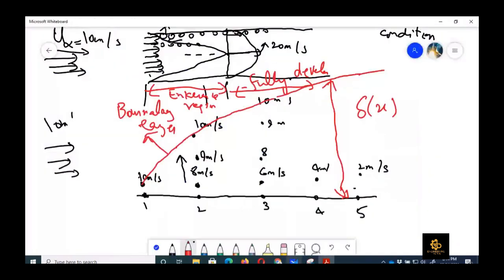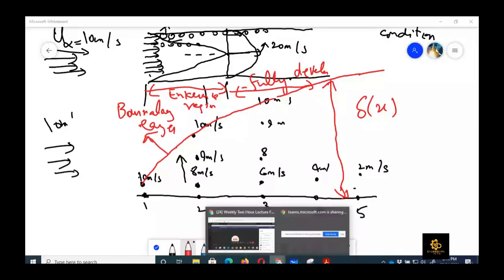I have just explained how in the x direction along the streamline it decreases due to the drag force applied by the layer which sticks to the wall, and it increases in the wall normal direction. I have just explained this on the whiteboard.